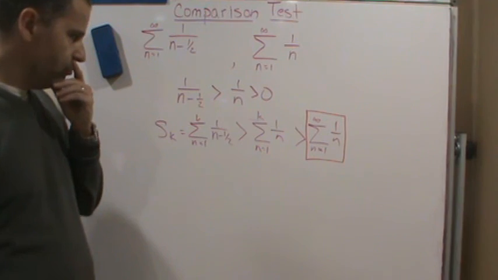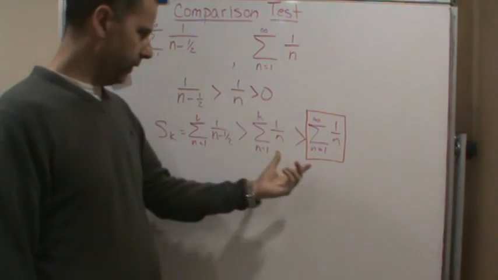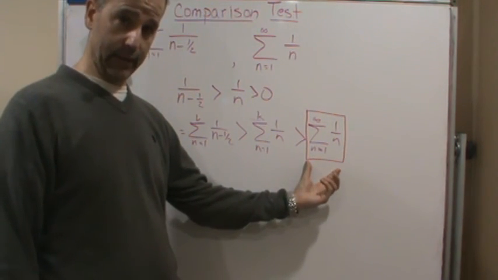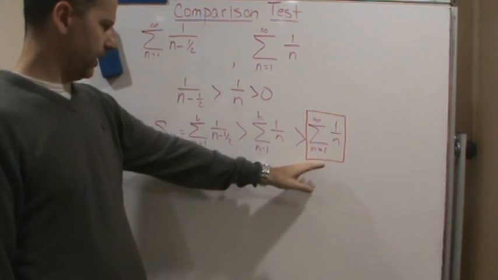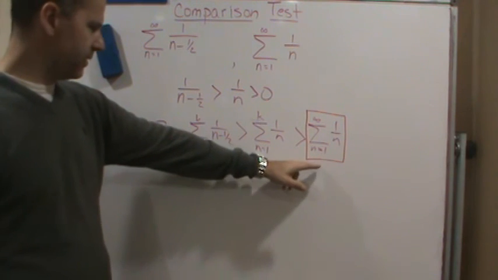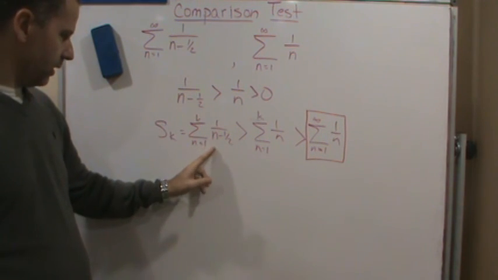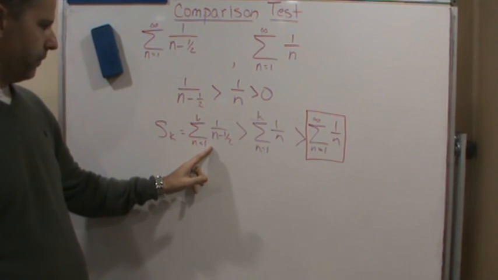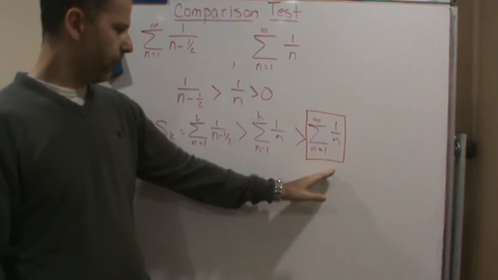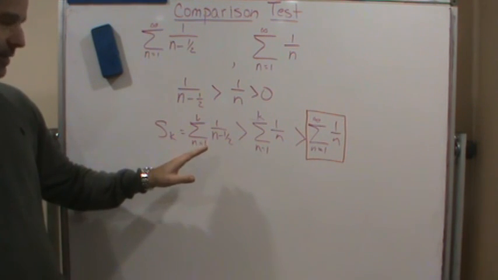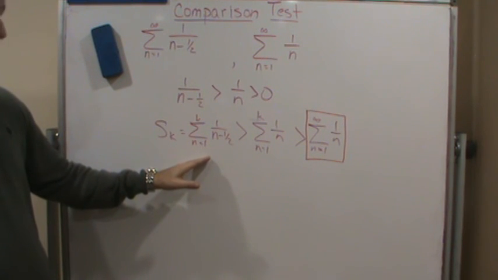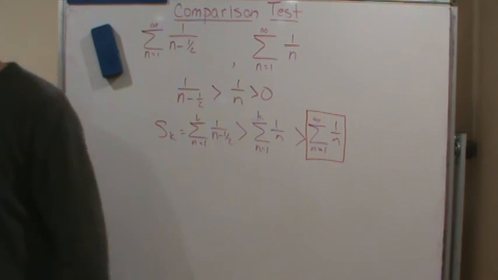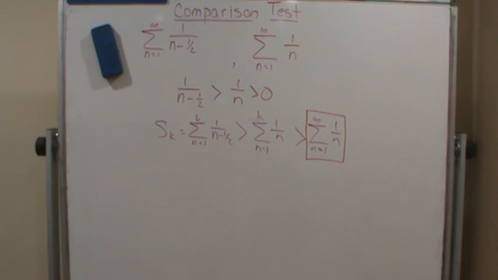It goes off to infinity. And this is smaller than this partial sum, so that forces the sequence of partial sums here to also go off to infinity and thus diverge.